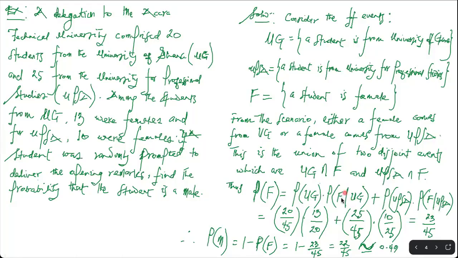So instead of finding the probability of F given UG, or the probability of F given UPSA, how can I find the probability of UG given F? Or how do I find the probability of UPSA given F?